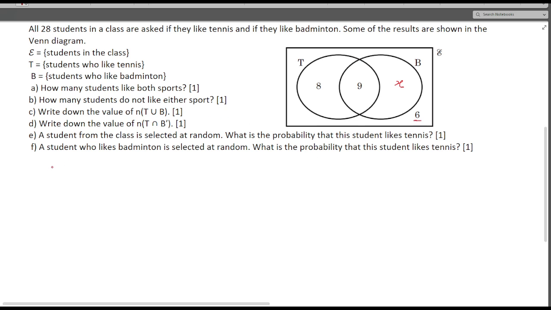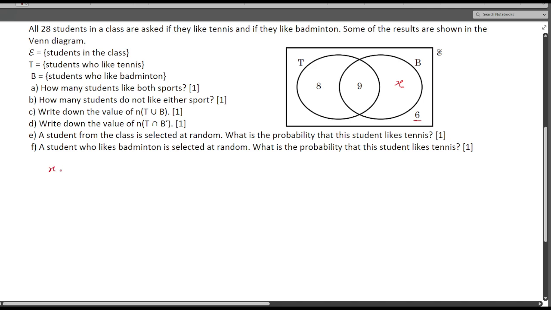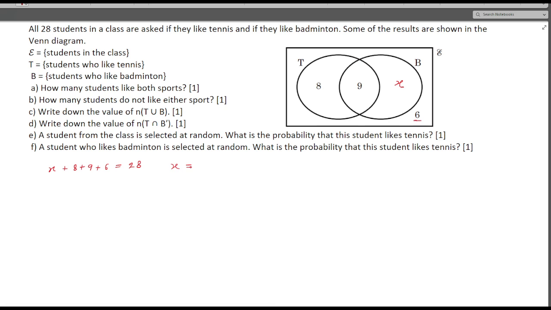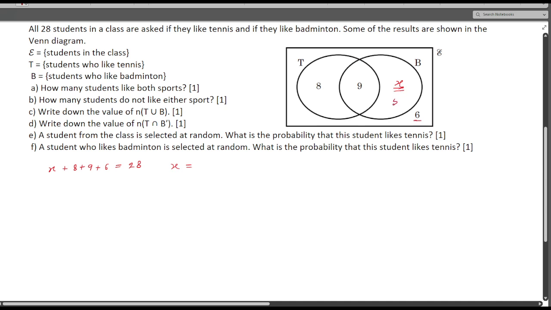So x plus 8 plus 9 plus 6 should give me 28. So x is equal to 28 minus 8 minus 9 minus 6, which is 5. So this x value is 5.